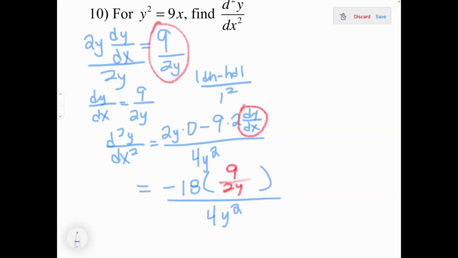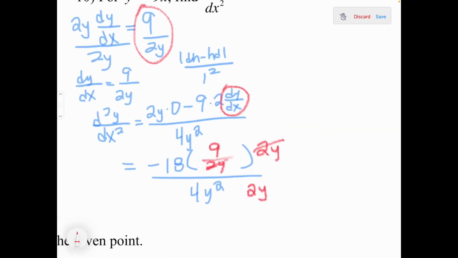We want to get rid of the 2y in the denominator, so we would multiply everything by 2y on the top and bottom. This 2y would cancel out.